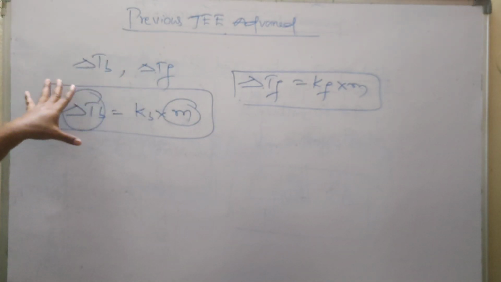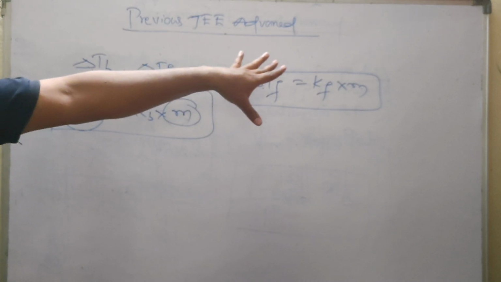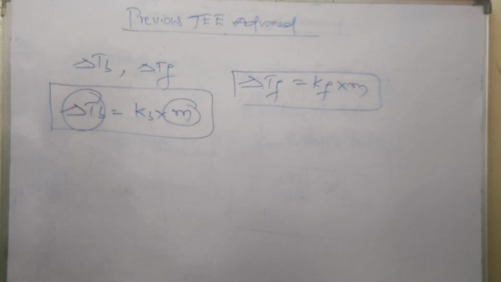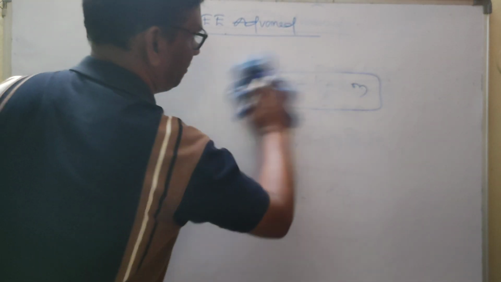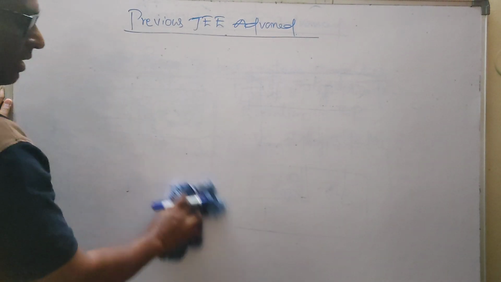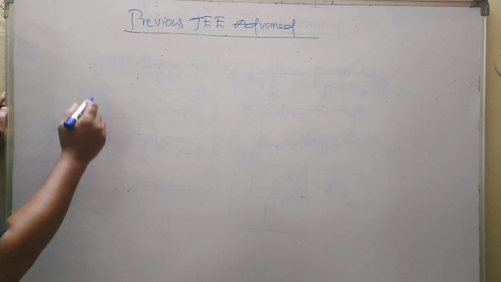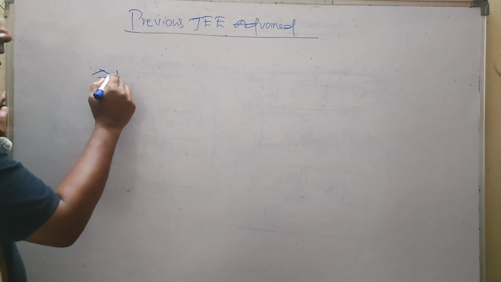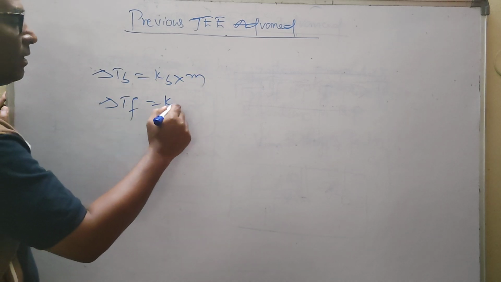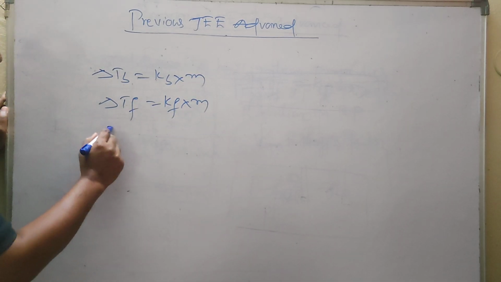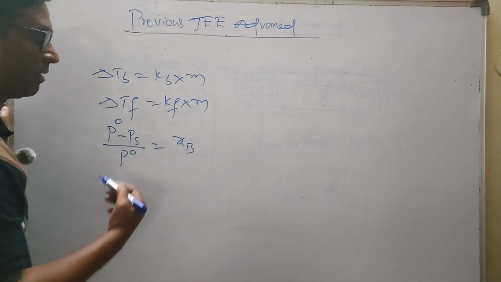So these are the equations related to molality, elevation in boiling point and depression in freezing point. This thing also you just remember. Now for any colligative property, whatever it may be, delta TB is equal to KB into m, delta TF is equal to KF into m, and just now I explained P naught minus PS by P naught is equal to XB.